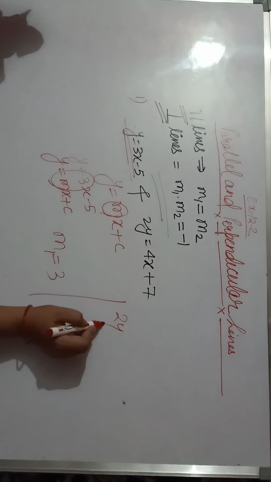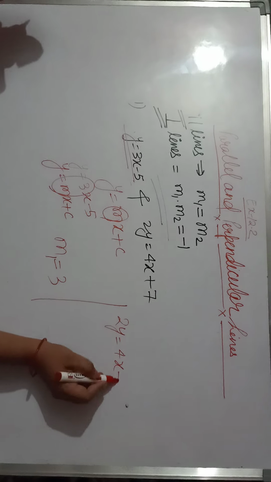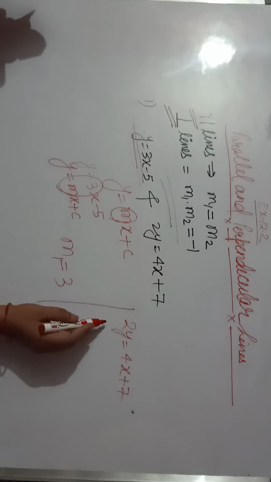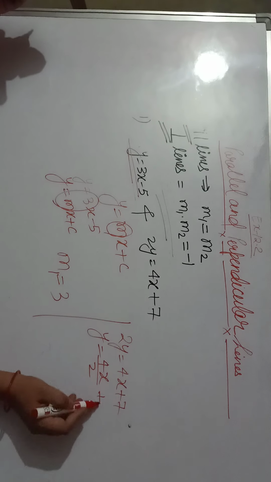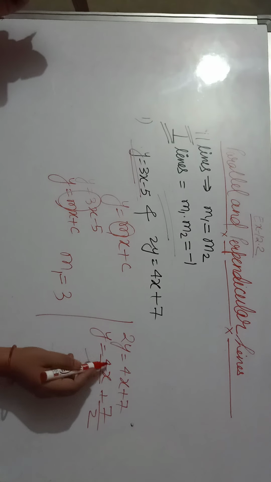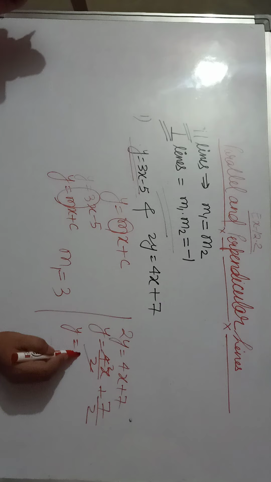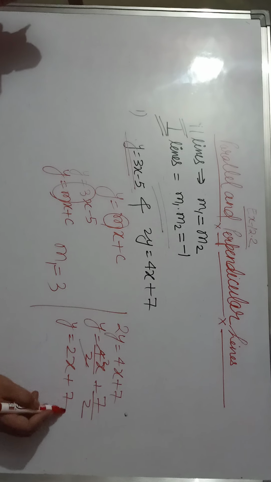Second is 2y is equal to 4x plus 7. So y is equal to 4x by 2 plus 7 by 2, so y is equal to 2x plus 7 by 2.